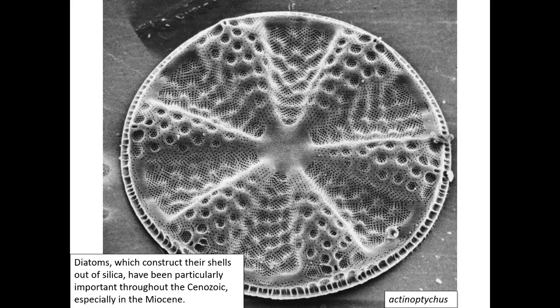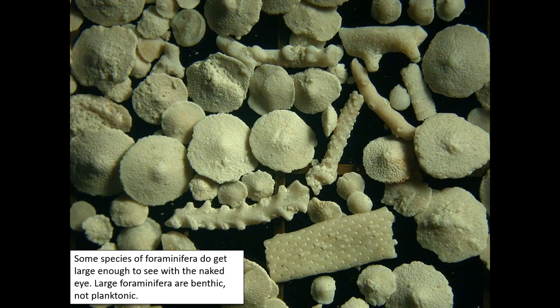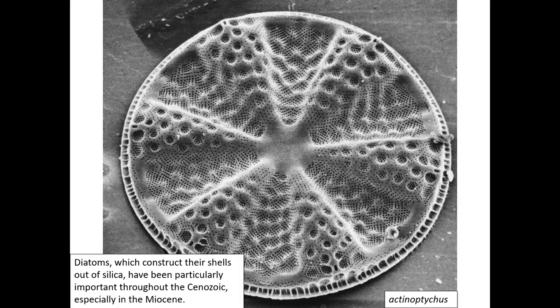One cool thing is that most of these planktonic things are very, very small, just micrometers. You can't see them. Of course, it makes sense to be tiny if you're going to be plankton, because plankton floats suspended in the ocean water.